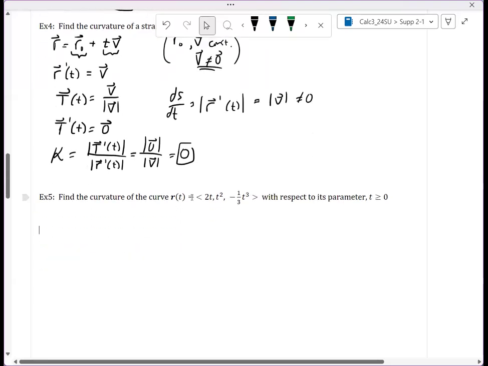Okay, and for this last example, let's take a look at a less trivial example. Find the curvature of this curve where the components are 2t, t squared, and negative 1/3 t cubed, with respect to its parameter t bigger than or equal to 0.